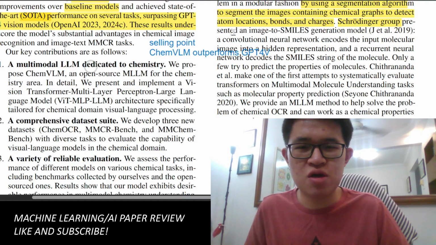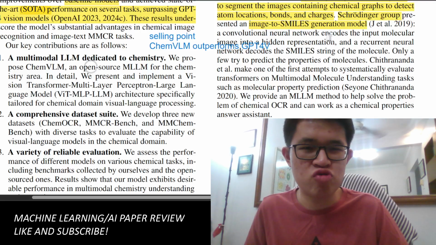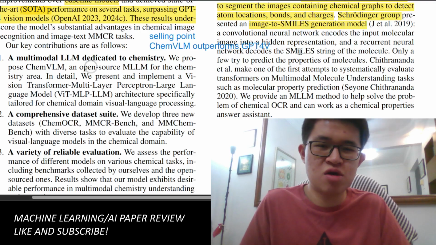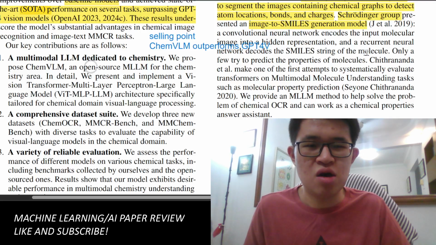Okay, so they presented an image-to-SMILES generation model back in 2019, right? Which is basically a convolutional neural network that takes in an image and a recurrent neural network model that decodes the SMILES strings of the molecule.